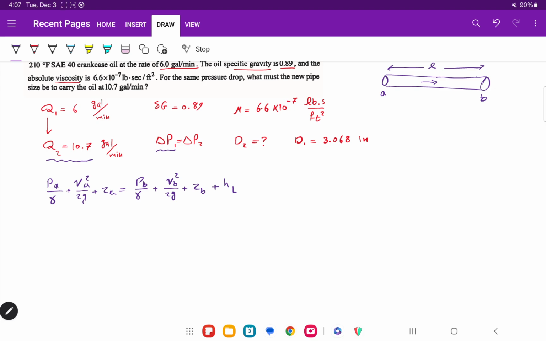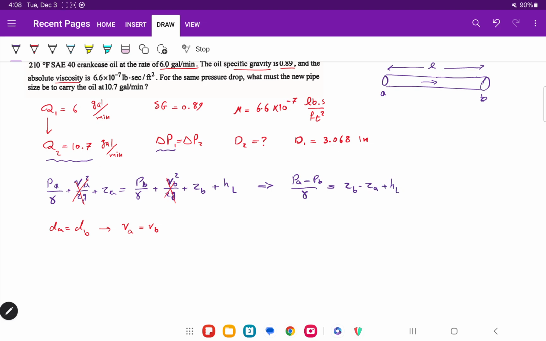Okay, so since the diameter is fixed, dA equals dB, it means that VA equals VB. So these terms are gone. So from this, you will find that PA minus PB over gamma equals ZB minus ZA plus HL.